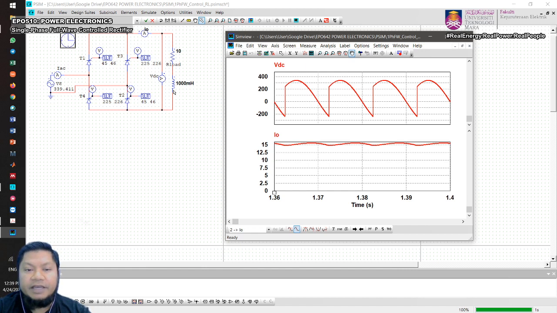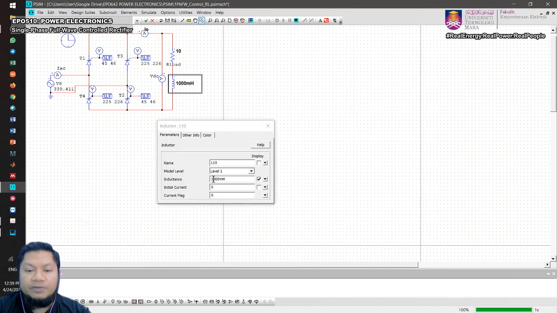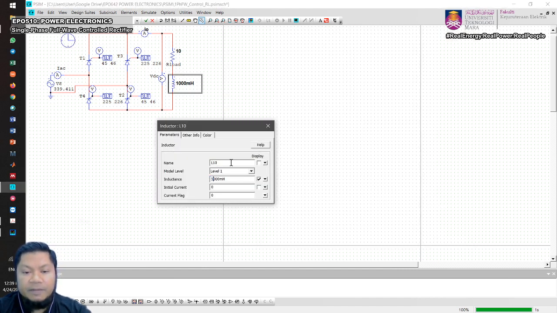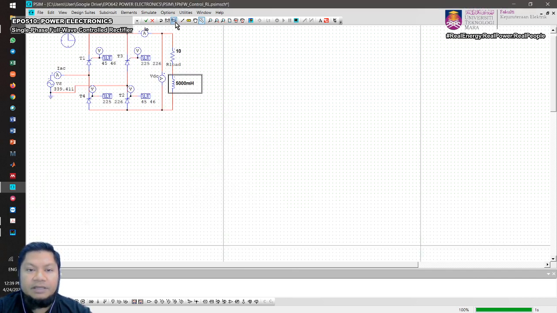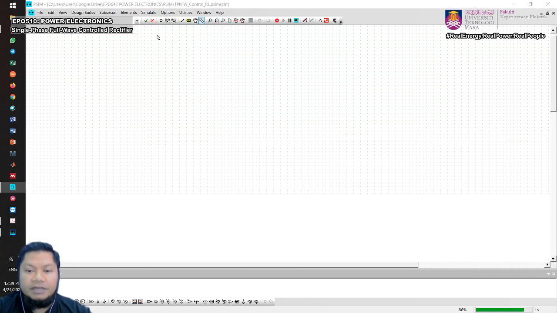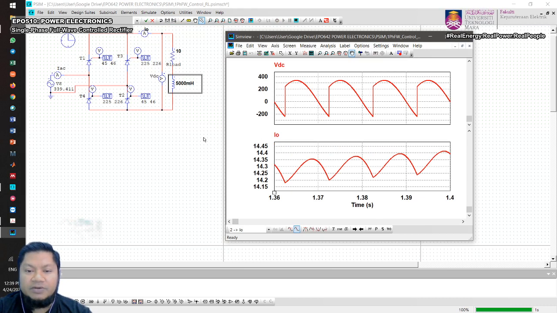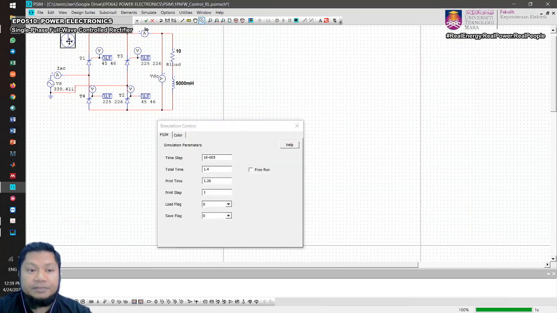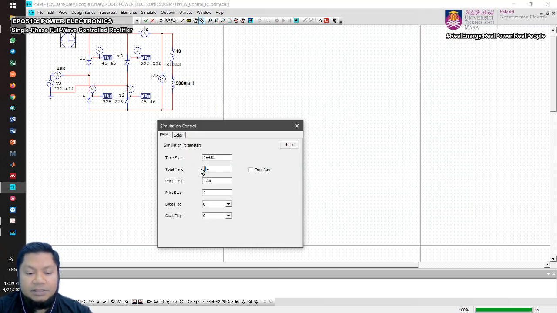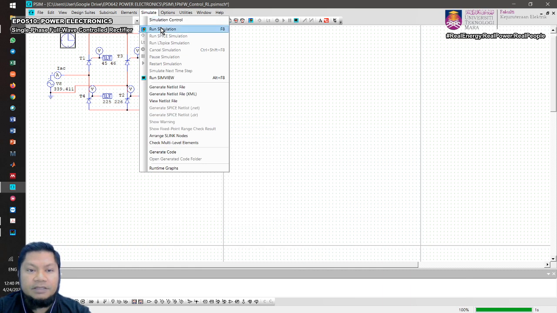So if I increase again this to, let's say, 5000 millihenry, run this simulation again, still climbing, so I have to add another duration time, 2.36, run again, let's have a look.